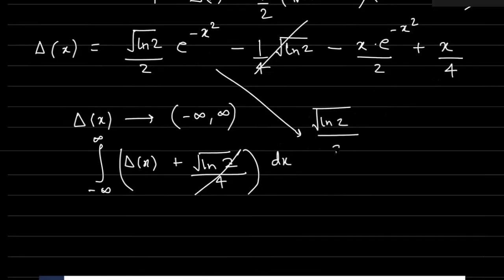So the remaining integral is this, root ln2 by 2. Now e to the power minus x square dx, when integrated from minus infinity to infinity, as we know, will give root pi. We have already discussed. You just need to substitute the value of a and you'll get this answer. Okay.